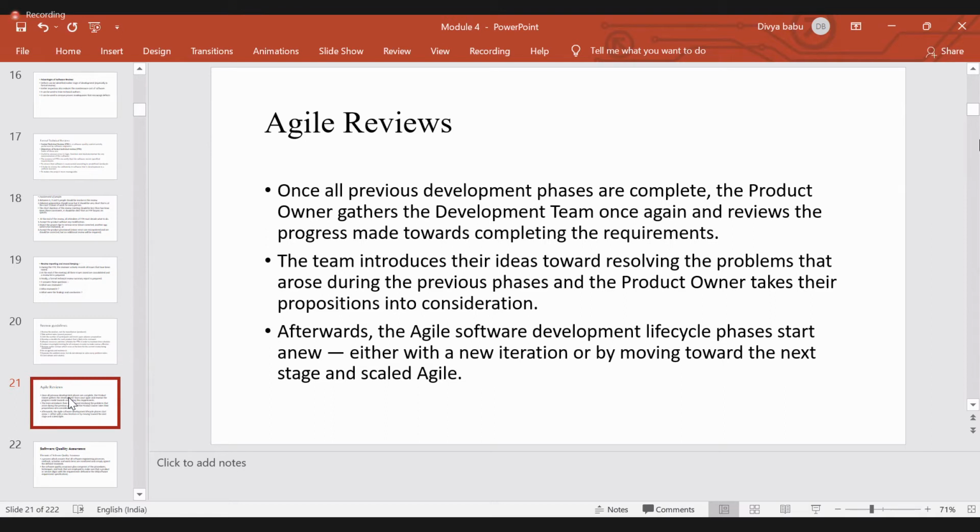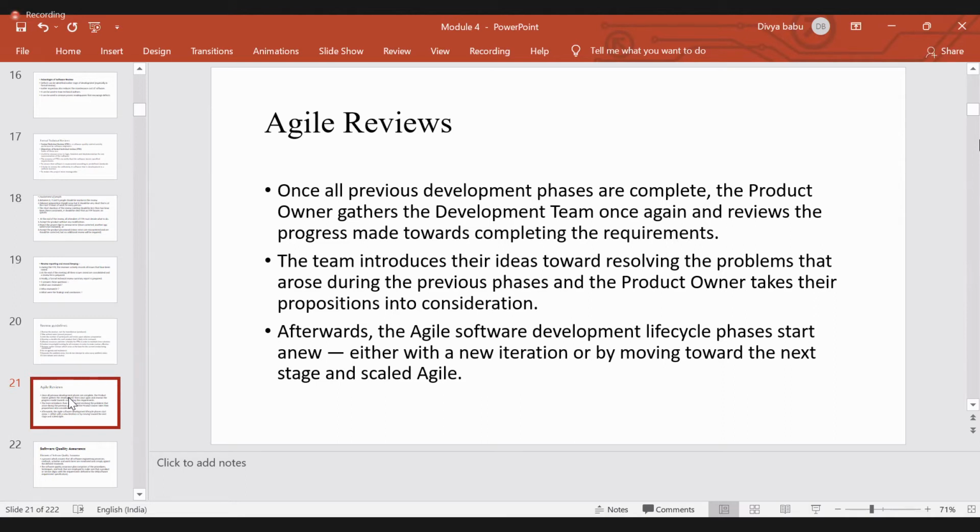That is the importance of a frequent review meet in agile. The agile software development lifecycle phase starts anew, either with a new iteration or by moving towards the next stage.